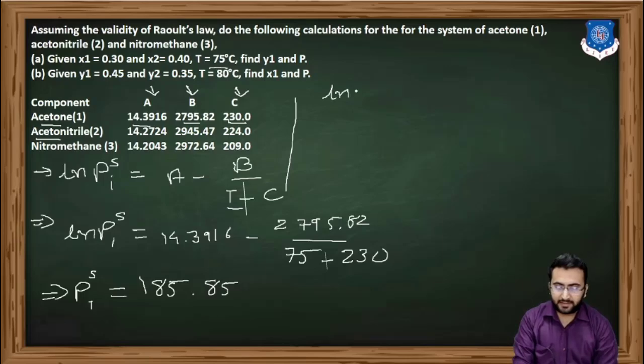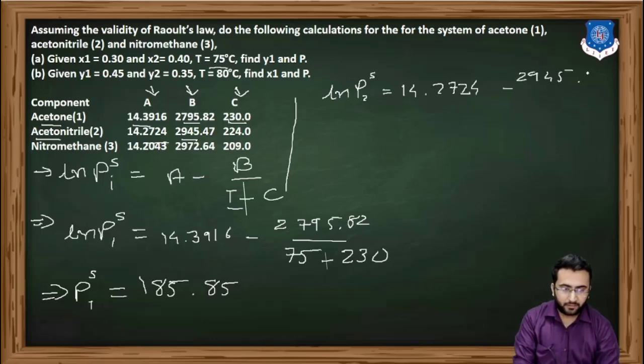Similarly, we can make the equation for acetonitrile. ln P2S is equal to A for acetonitrile, which is 14.2724, minus B, which is 2945.47, divided by 75, which is our temperature, plus component C, which is 224.